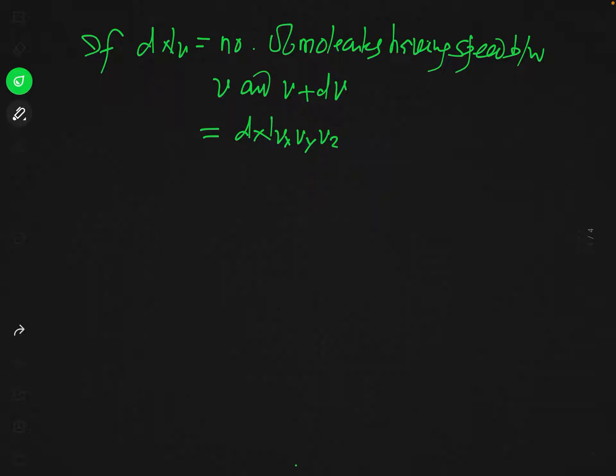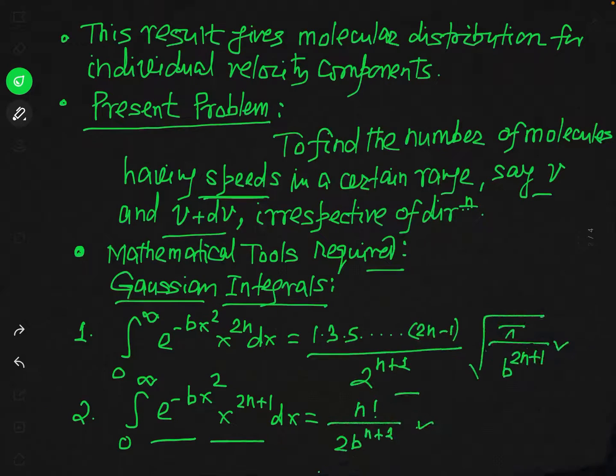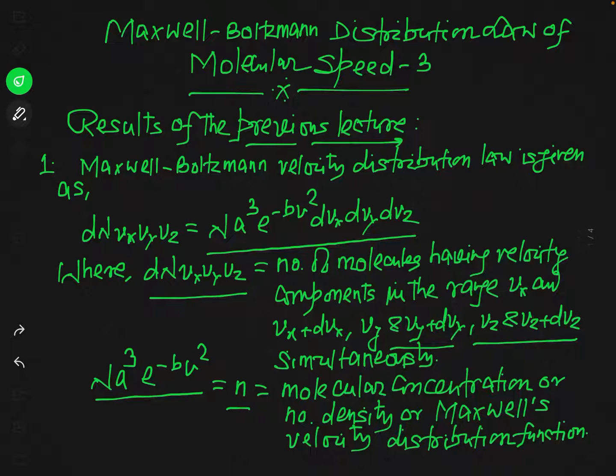You can see the result of the previous lecture where we obtained the value of dN_vx vy vz. So now in terms of speed, we will replace this dN_vx vy vz by dN_v, and dvx times dvy times dvz will be replaced by 4 pi v square dv.